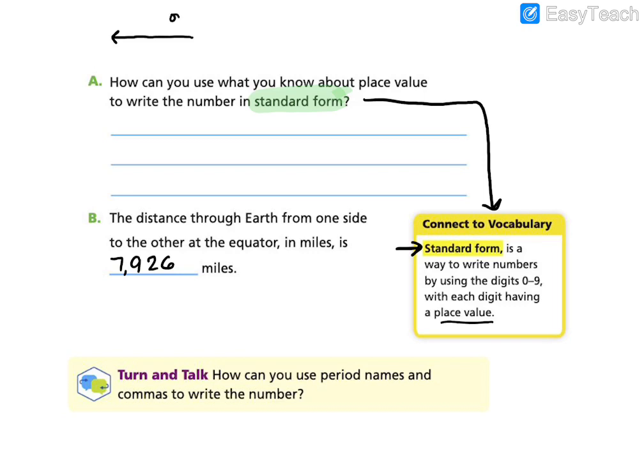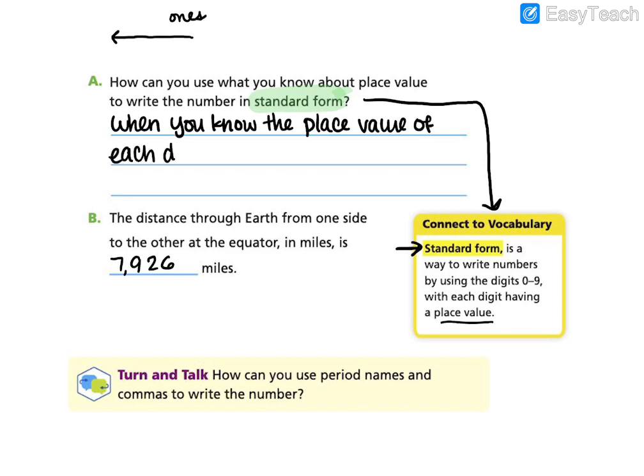That smallest place value, in this case our ones place, is the furthest right. So how can we use what we know? Well, when we know the value of each digit, we know where to put it. So we can write: when you know the place value of each digit, we know where to put the digits in a number in standard form.